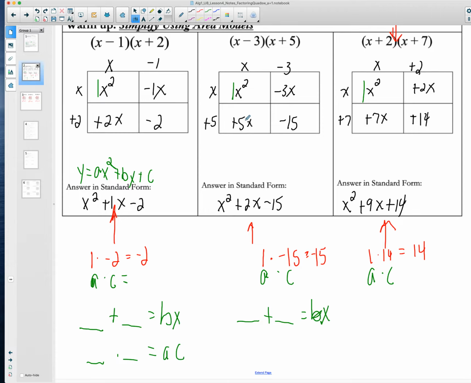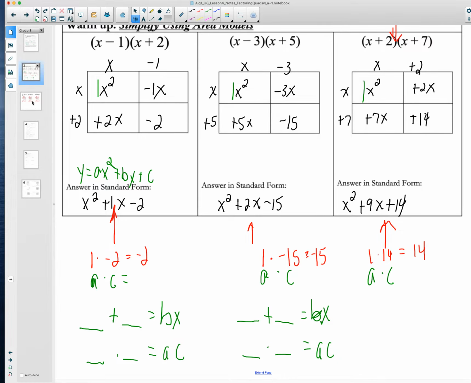We can see that we add 5 and negative 3, that gives us that bx term, but 5 times negative 3 is also a times c. And that's really the pattern we're looking for here. That's how we're going to figure out these two middle terms. The a term goes here, the c term goes here, but we need a pattern to find those two terms.